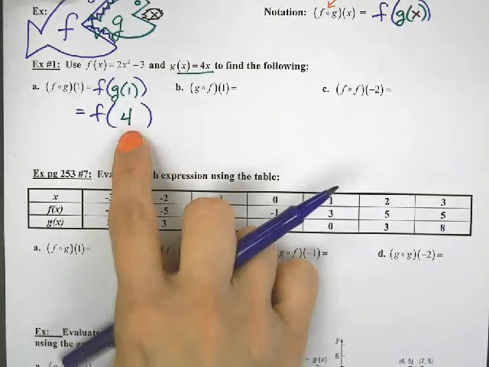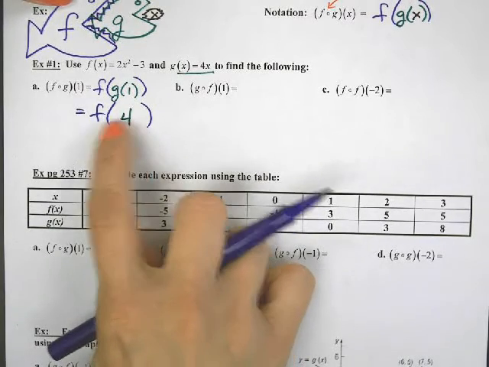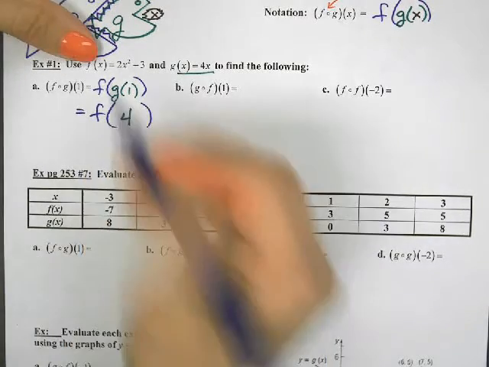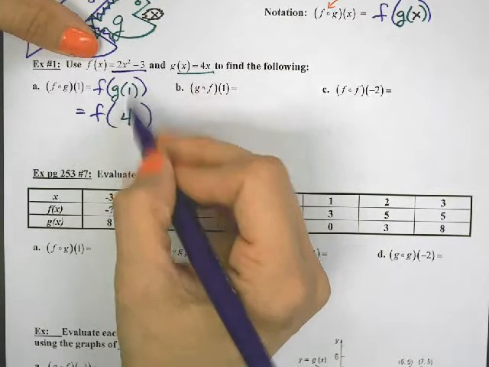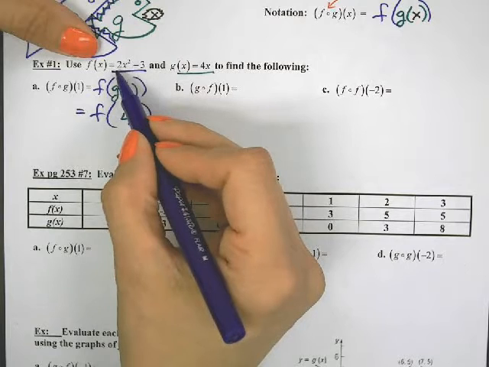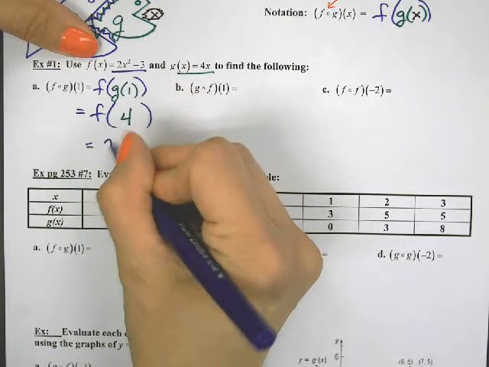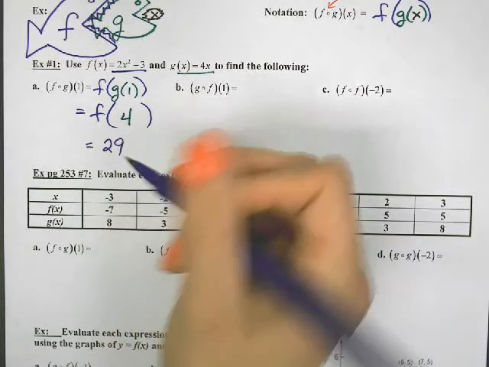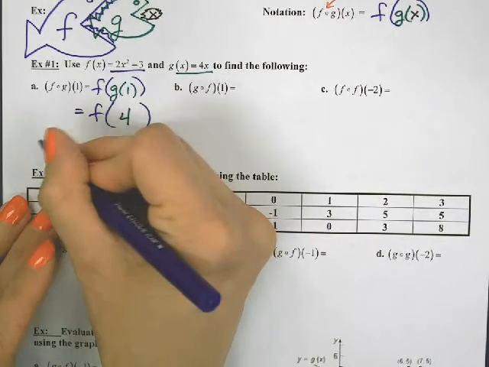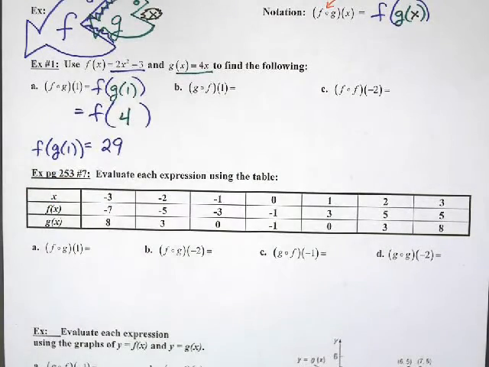Now, 4, even though it was the answer, becomes the input. 4 goes into the f function. So take this f function right here and tell me what 4 squared times 2 minus 3 is. 29. Okay? And if you want to be good at labeling, this is f of g of 1.